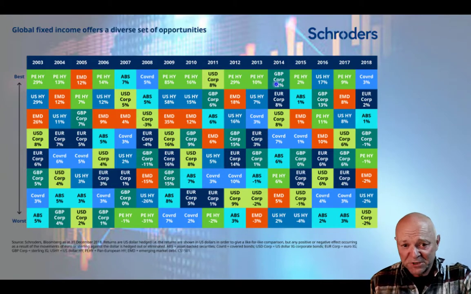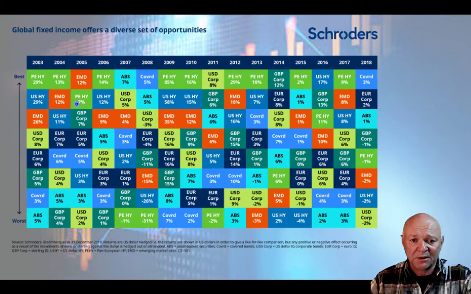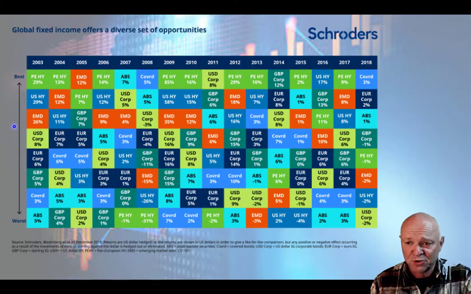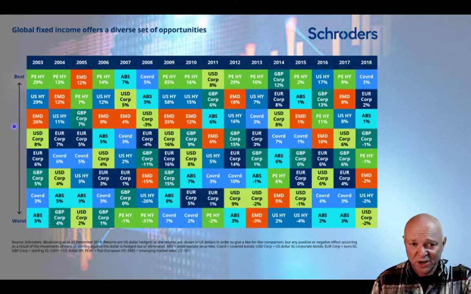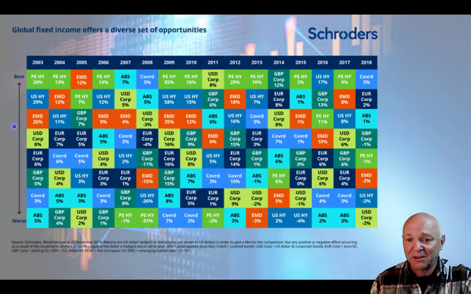You can see from this particular table that if you look at a period of years with all of these different types of investments, for example, high yield European bonds, emerging market bonds, US high yield bonds, and so on, each of these different colors represents a different category. According to this table from Schroders, you can see that in no single year did one type of instrument offer the unique best solution.